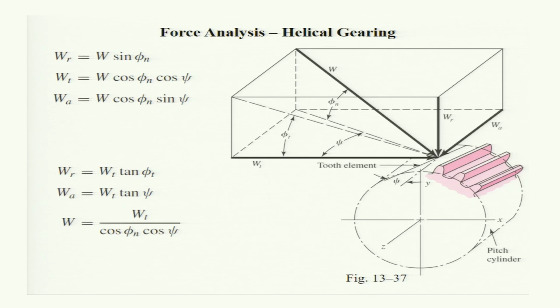Now the force analysis. We have already studied the planes and the normal force which acts in the case of a helical gear. This is the direction in which the normal force acts.